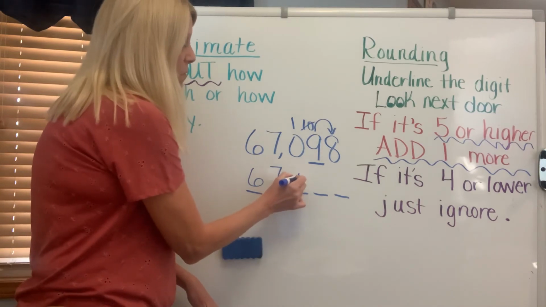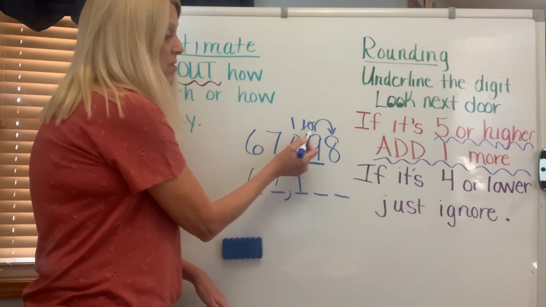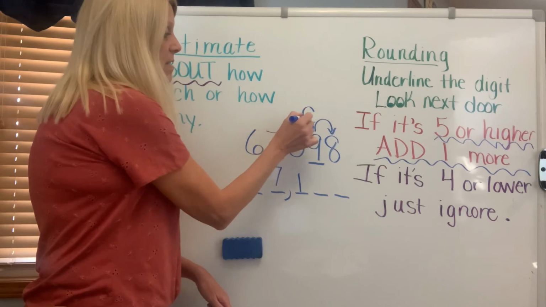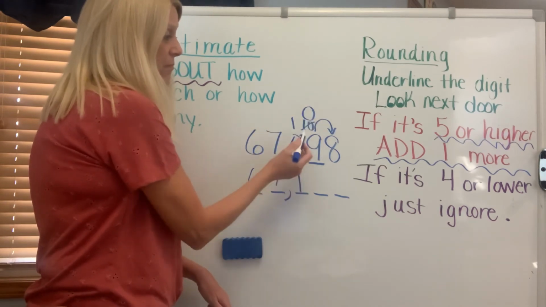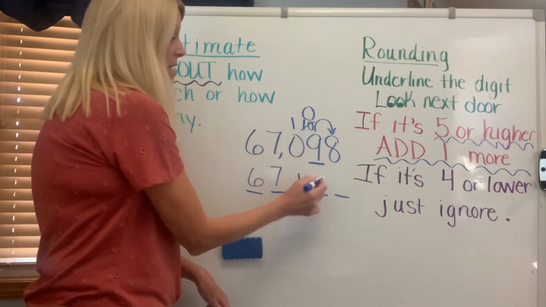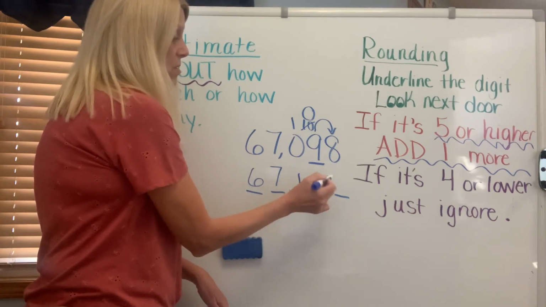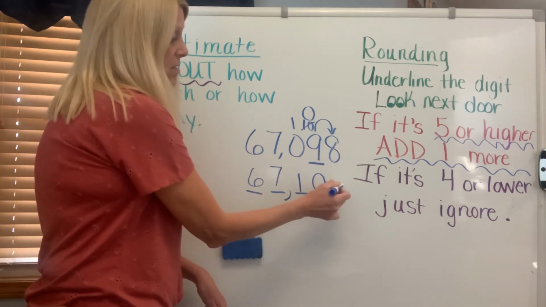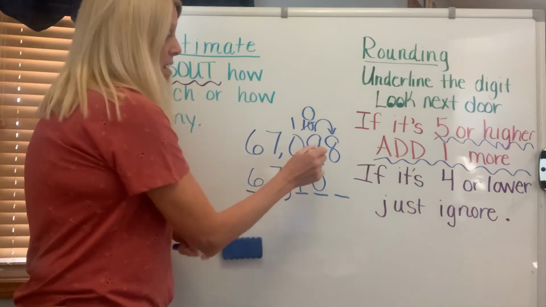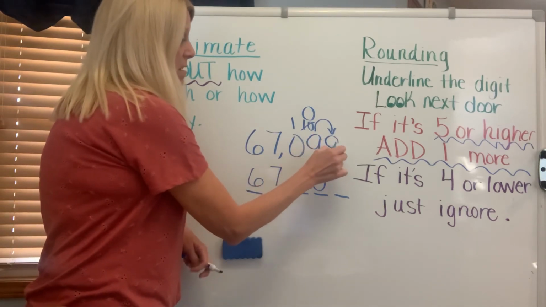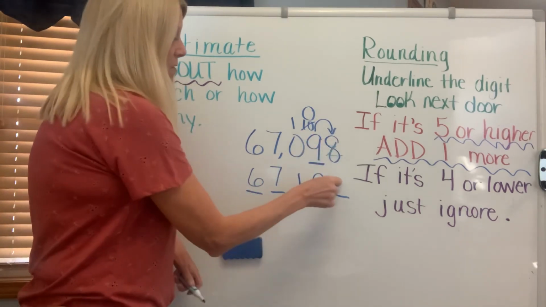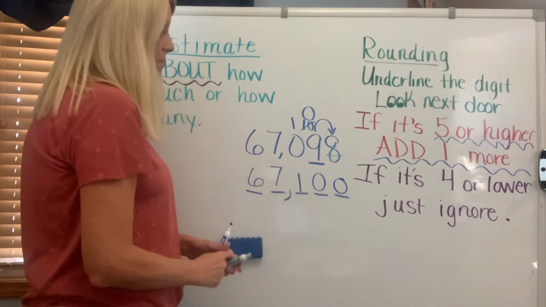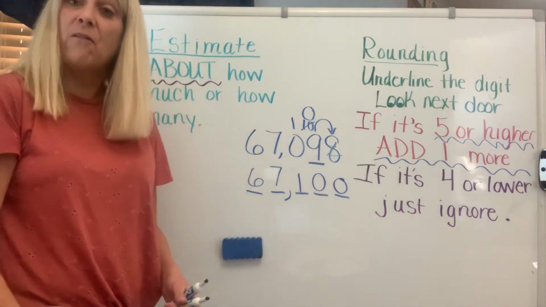This is going to become a 1. When we took those 10 tens, this became a 0 because there wasn't any tens left. And what does my 8 do? It's to the right of the underlined digit, so it zapped to a 0. And that is how we round numbers.